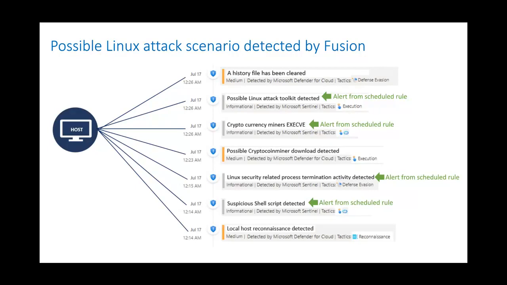Now, in both these examples, we saw how a single Fusion incident can save so much time and help in impactfully reducing alert fatigue, which is a really big challenge faced by every SOC. It also revealed a high fidelity alert, and it's also including products in the security ecosystem to work together.